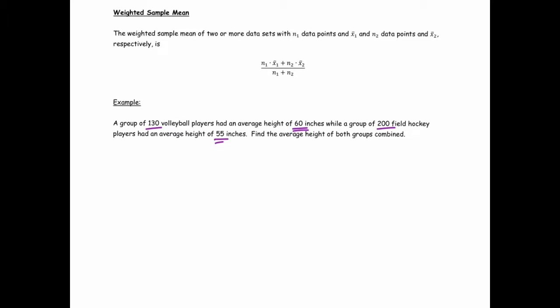But we can still find the average of the combined group, and this is how you want to think about it. So let x bar be the average of the combined group.